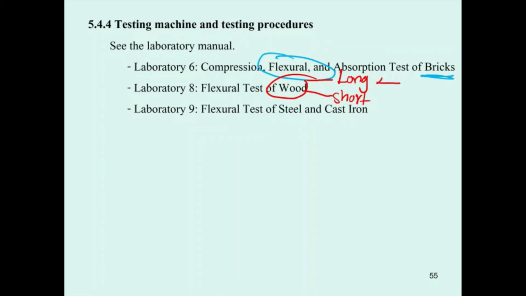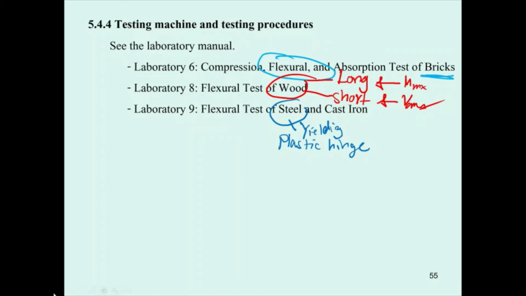Long wood usually fails by M max, and short wood may fail by V max. And we also do flexural tests of steel. Flexural test of steel is going to produce yielding, or what is called a plastic hinge.